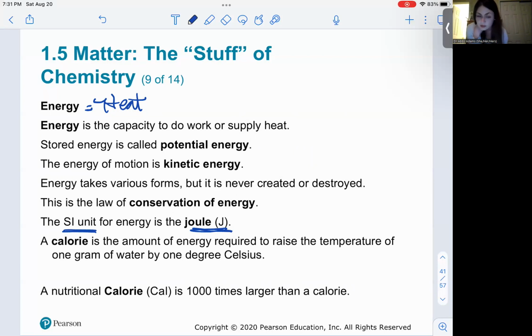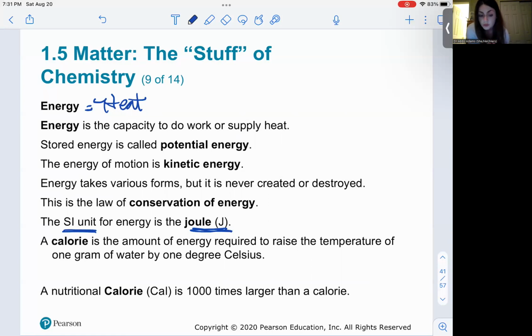So a calorie is the amount of energy required to raise the temperature of 1 gram of water by 1 degree Celsius. And this is going to be important in regards to body temperature. And you'll see that in just the next slide or the next couple of slides.